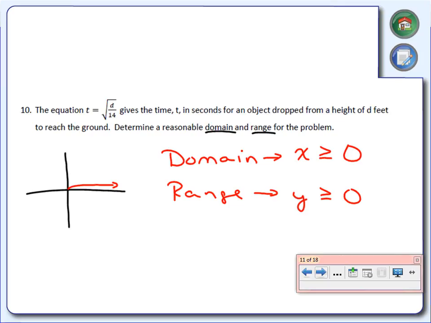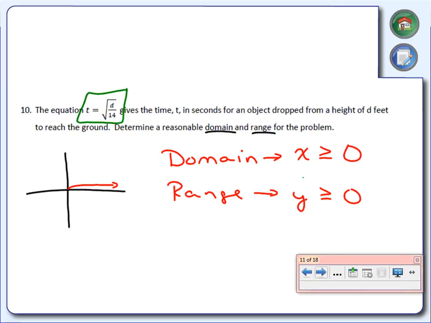Now there's only one little bitty catch here, guys. We know the domain and range as the x and the y. The problem here is, if you look at the equation we're working with, did they give us x and y in the equation? No. The two letters they gave us were d and t. Those were the variables they used. So, over here when I wrote x is greater than or equal to 0, the variable that I should be using is the what?